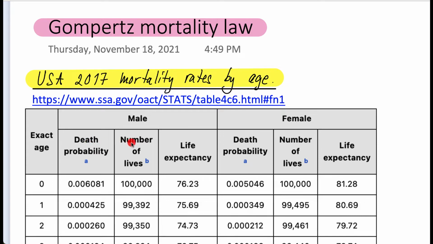First of all, let's take a look at this third column, number of lives. It starts with 100,000, and it shows how many out of 100,000 people born today will survive up to 1 year, up to 2 years, and so on. So for this reason, this third column is also called the survival function.